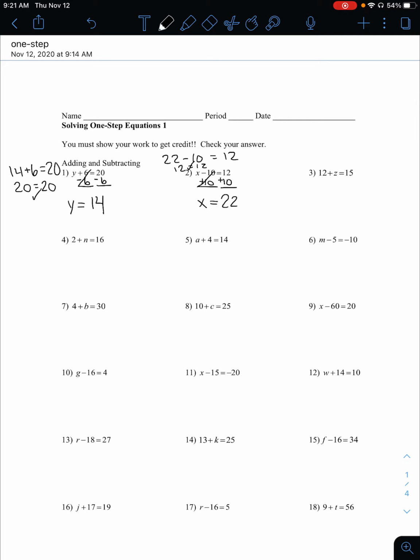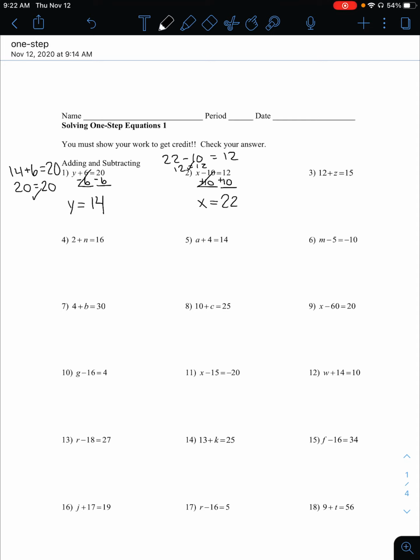Let's look at 3. 12 plus z equals 15. Now, let's think here. There's no sign in front of 12, so we can assume that 12 is a positive number.